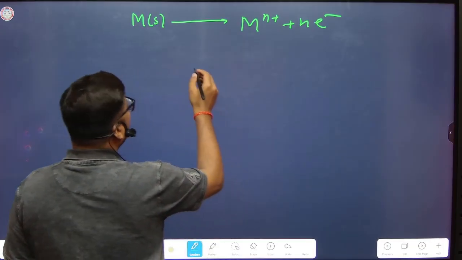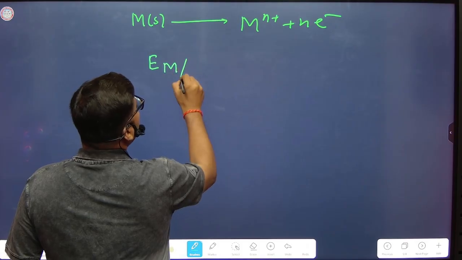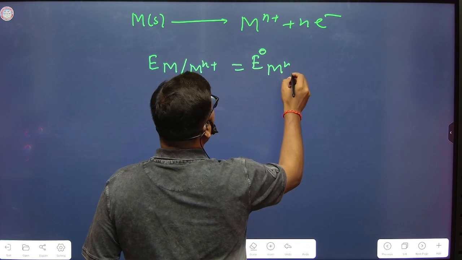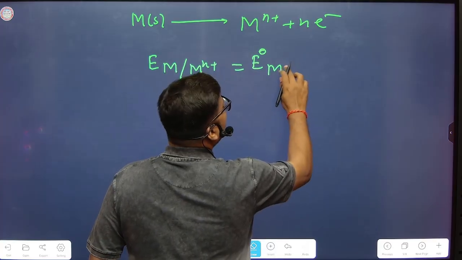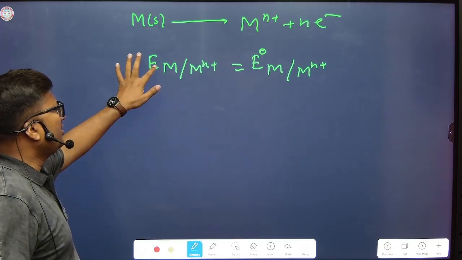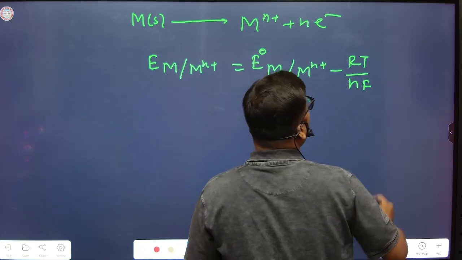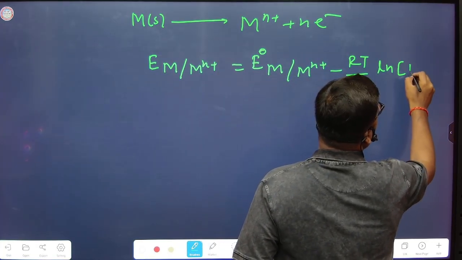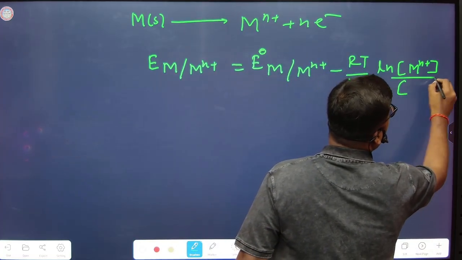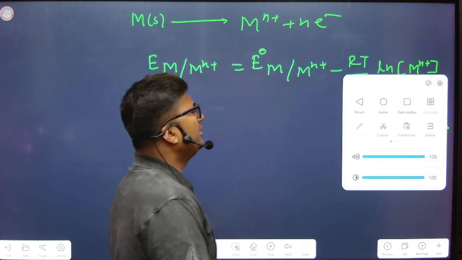By putting the values, E of M/Mn plus is equal to E naught of M/Mn plus minus RT upon nF ln concentration of Mn plus, and the concentration of M is 1.0 molar in the free state, right?